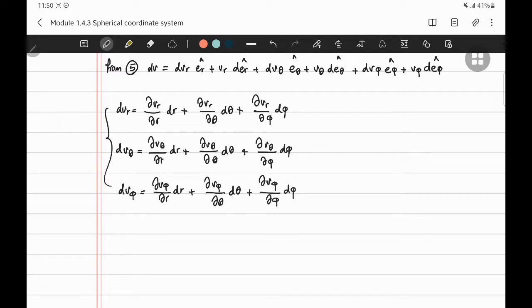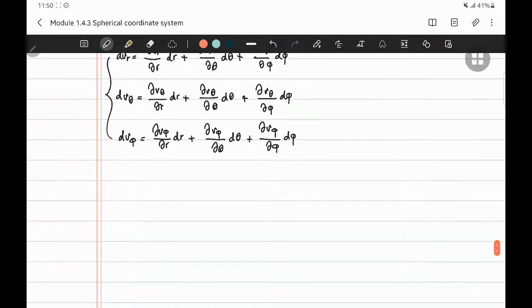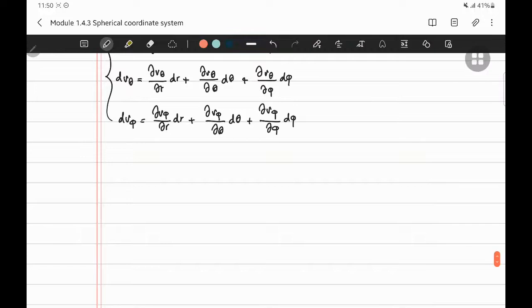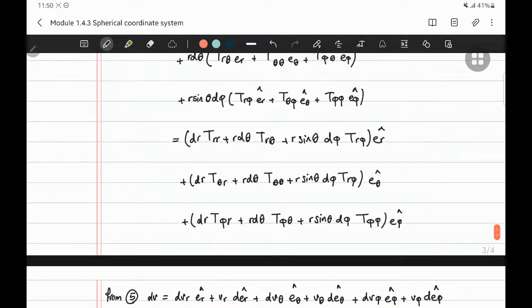So we have this set of equations here. I call this 6, for example.